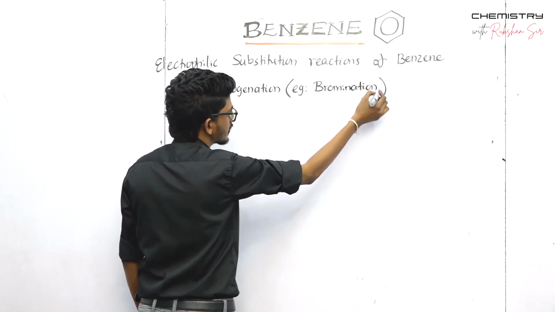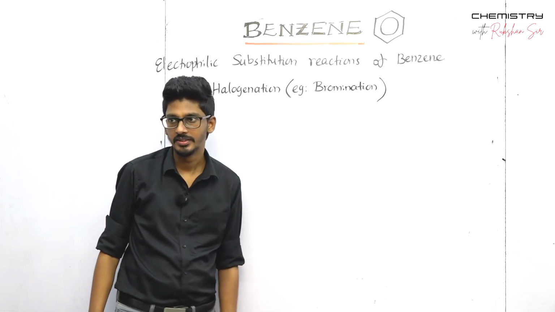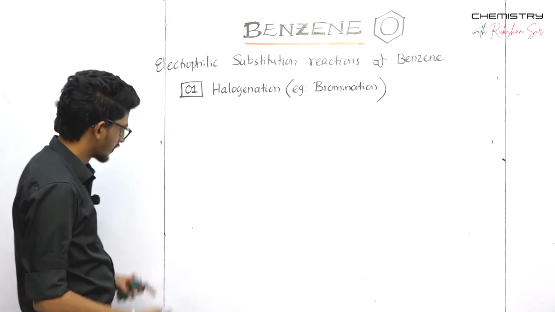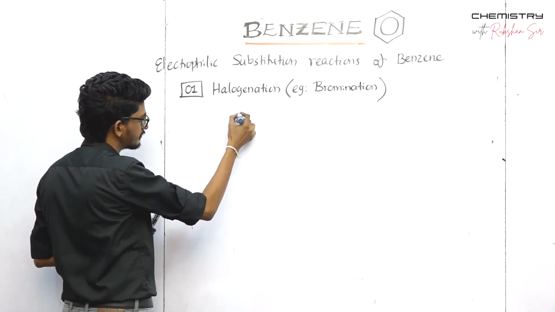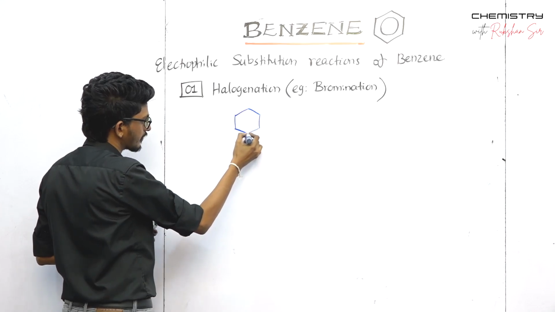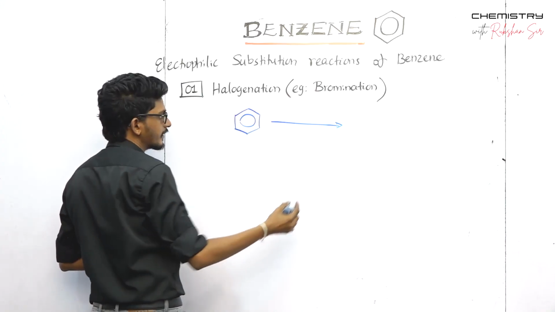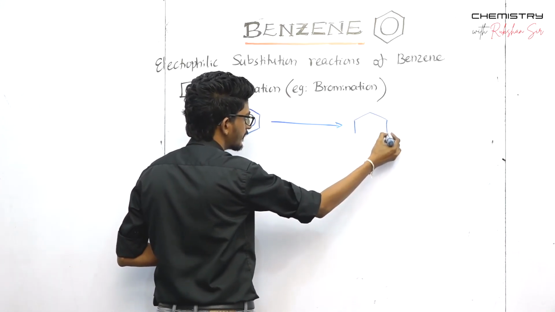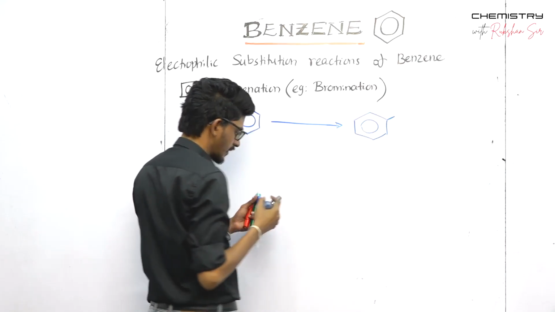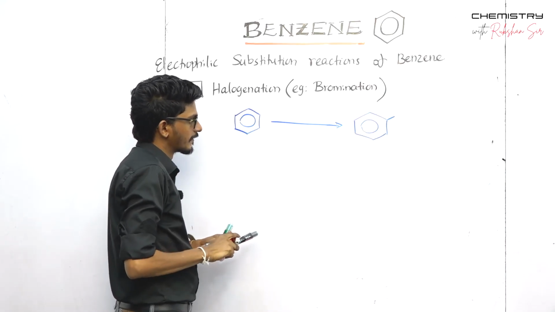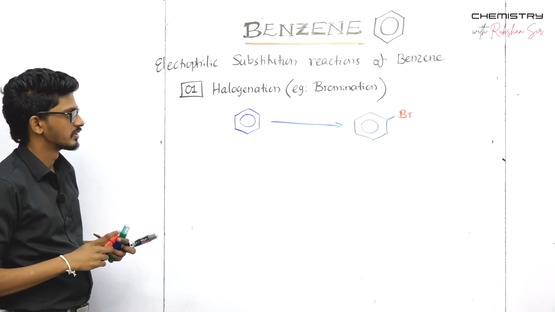Benzene bromination, substituting a bromine atom instead of the hydrogen. The reaction would look like this. Connecting a Br atom, a halogen atom, instead of one of the hydrogens. This is the bromination.